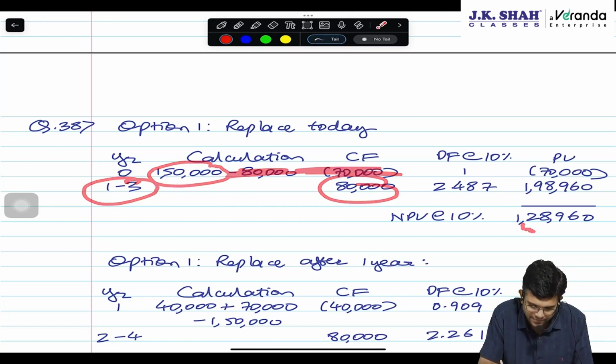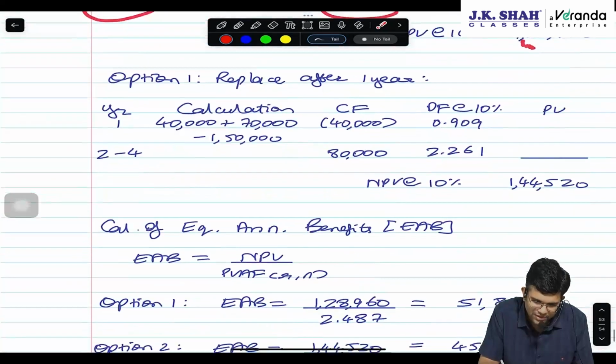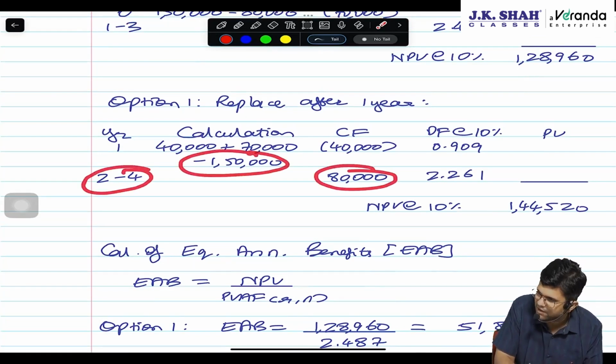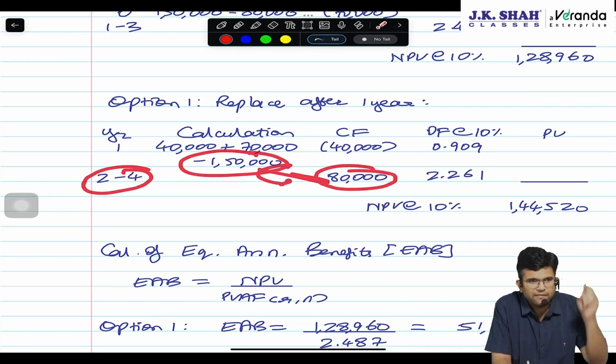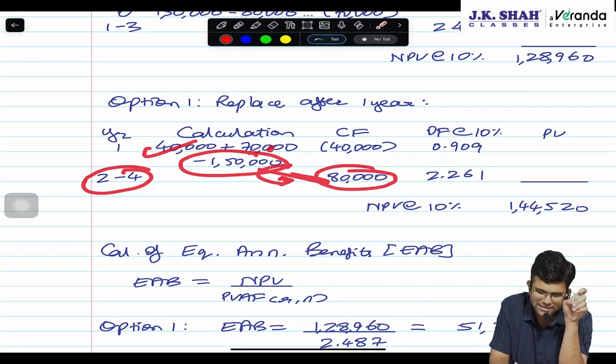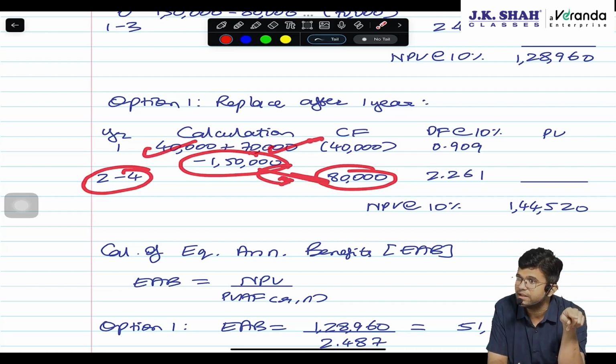Now, do you realize those 380,000 and 150 are there? So instead of taking that again, they straight away took the present value from upstairs. Everyone clear? And this 40, 70 which is extra, they took separately.